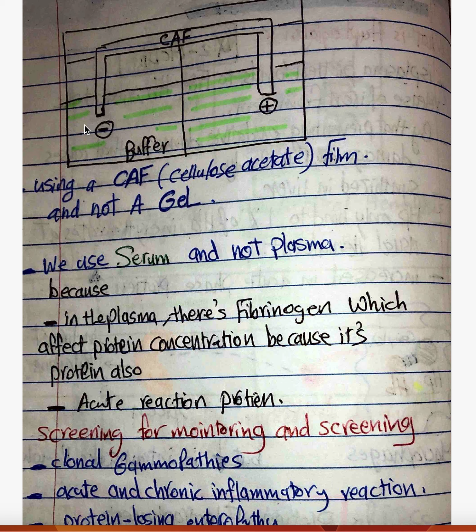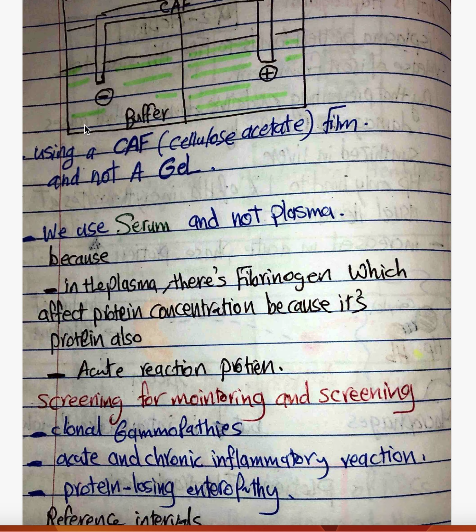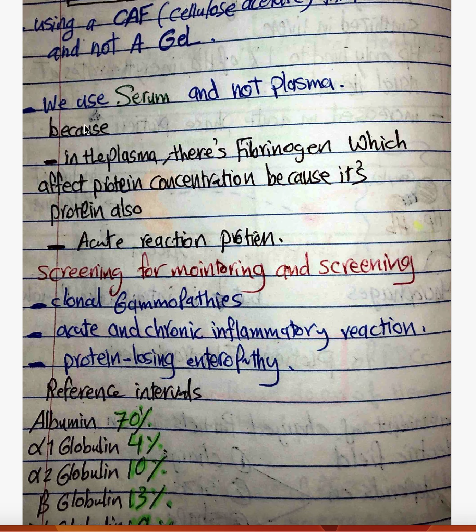In the plasma there is a protein called fibrinogen, and that makes interference with the other proteins, so I can't get good and correct results. Again, we use the serum, we can't use the plasma because the plasma contains fibrinogen, which manipulates the results and doesn't give good results.